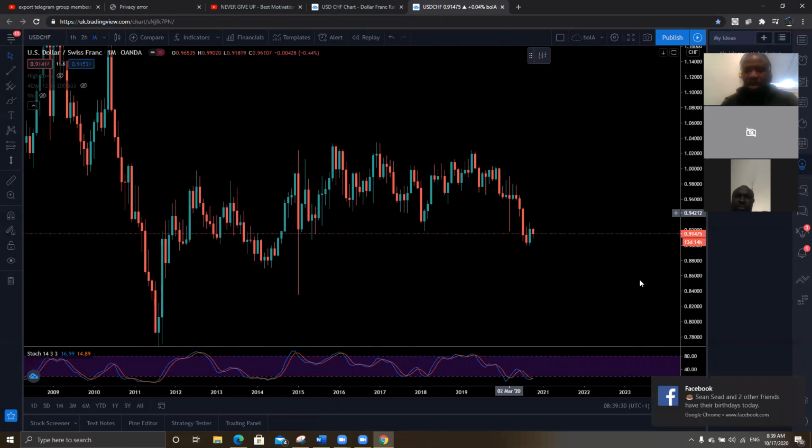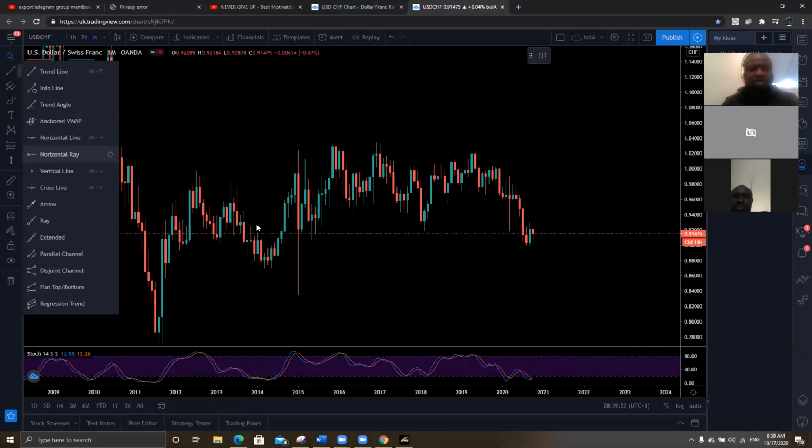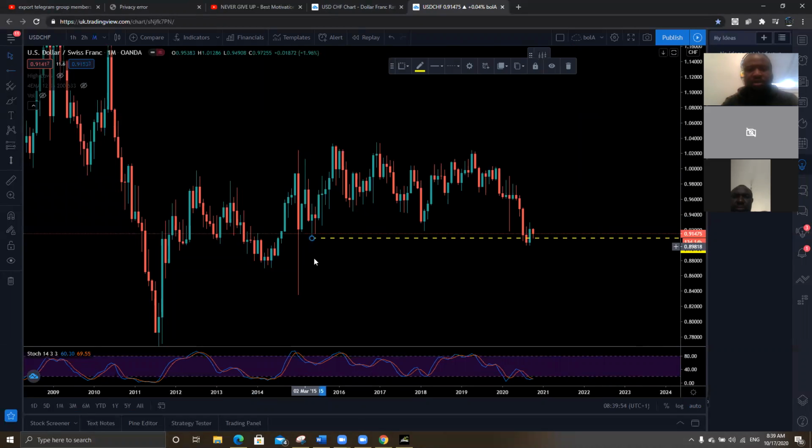Okay, so looking at this chart, we've seen a month that is almost a bullish engulfing, right? And the next thing that any trader will be thinking is, okay, I've seen a bullish engulfing. It is near a structural point, right?